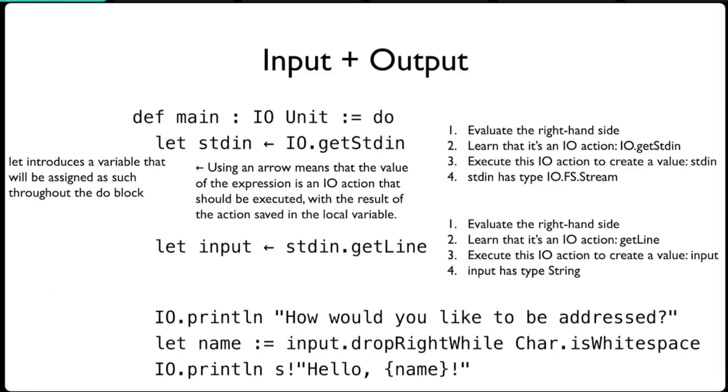The same thing is happening here, with some differences. In this case, we have this IO FS stream. We're going to get line out of that, execute that IO to create this value input, and input now has type string, and string is nice because string does not have type IO.